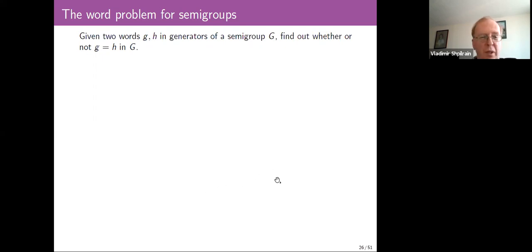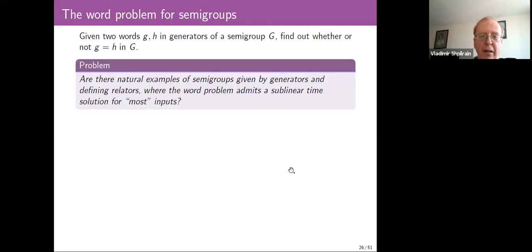For semigroups, it's a different matter. So that's how the word problem for semigroups sounds: given two words in generators, find out whether or not they are equal. And the meta problem is, are there natural examples of semigroups given by generators and relators where the word problem admits a sublinear time solution, at least for most inputs, or at least for some inputs?